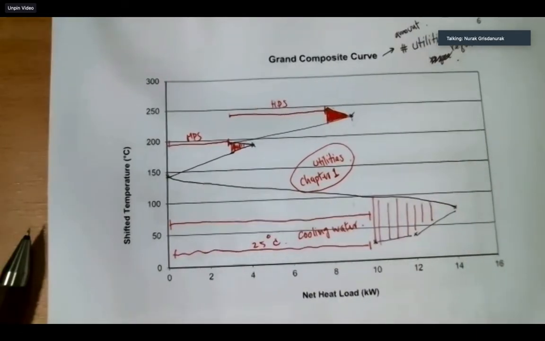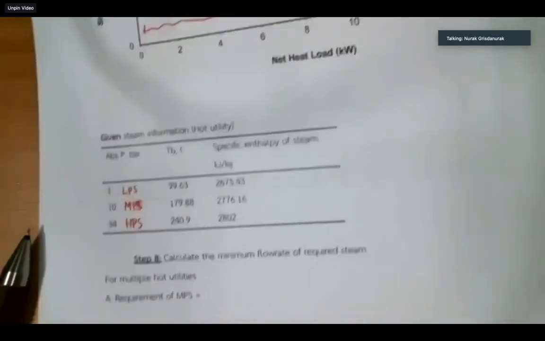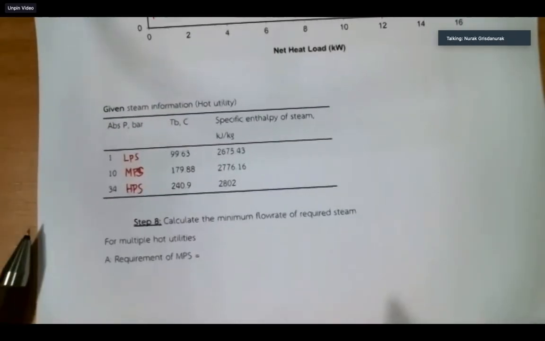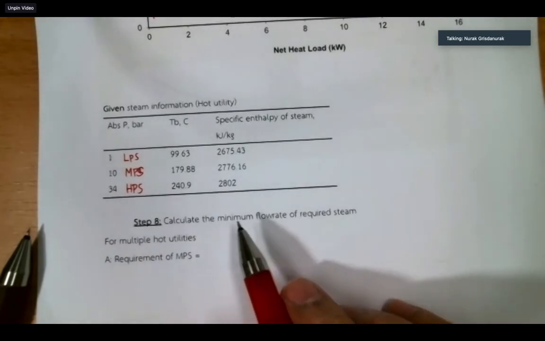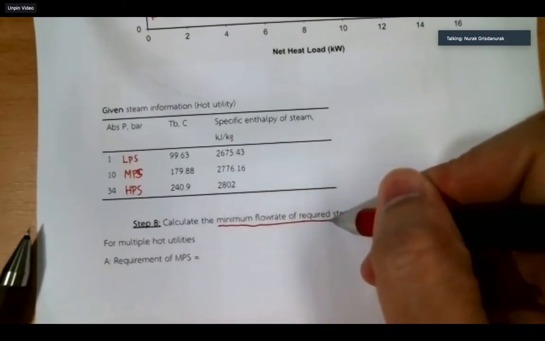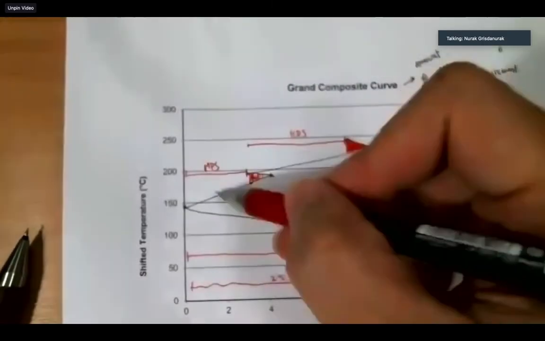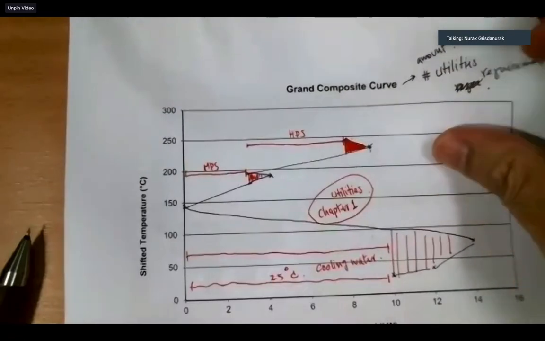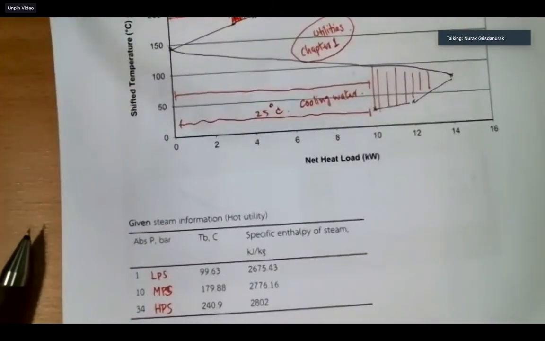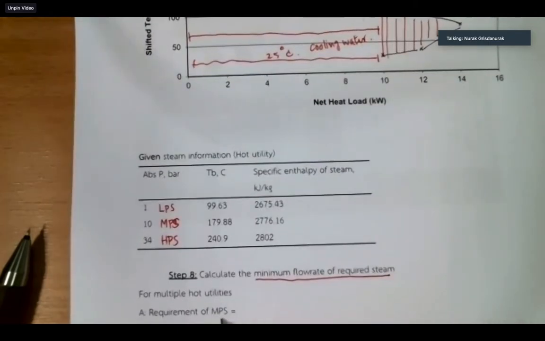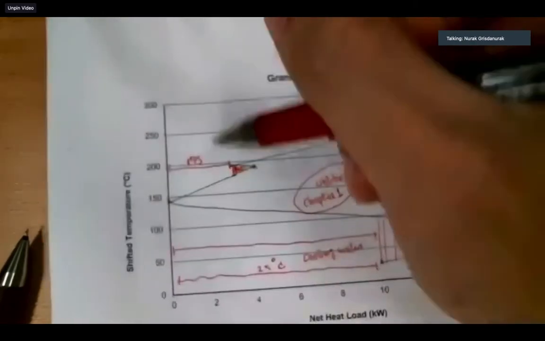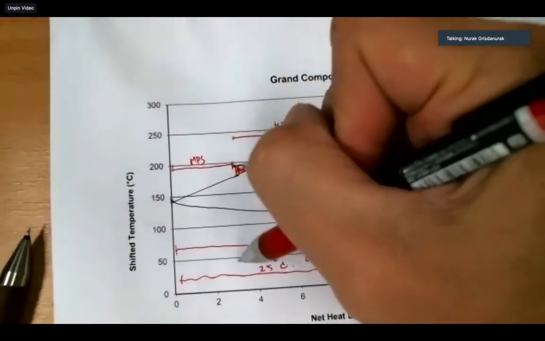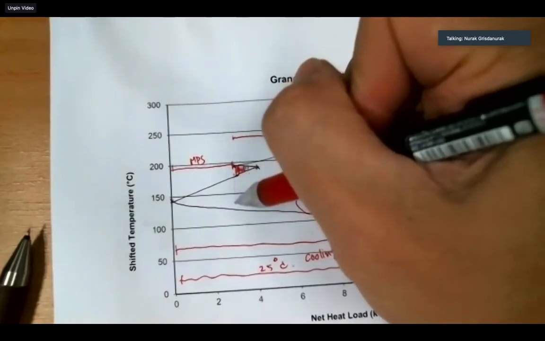Alright, now suppose I'm talking about step number 8, you have to find the minimum flow rate for the required steam. Suppose I want to get the medium pressure steam. How many have medium pressure steam? Right there. Hold on, 3, right?